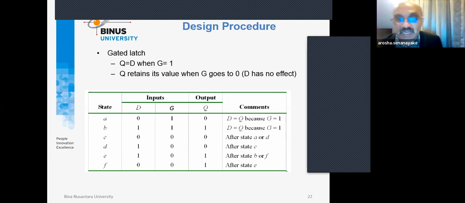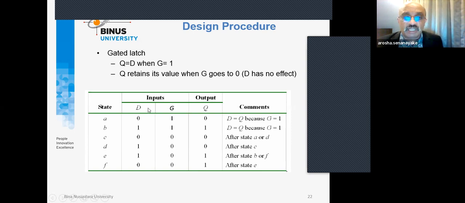So you can see the further two conditions below, where G is equal to 0. D will change from 1 to 0 and then 0 to 1, and you can see that the output we get is 0.